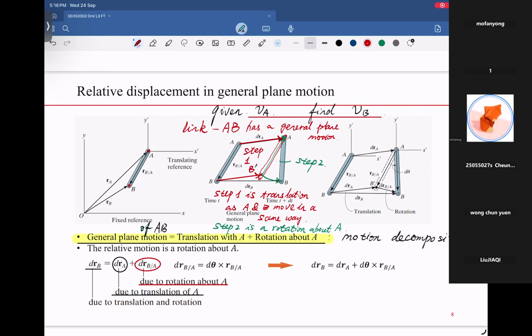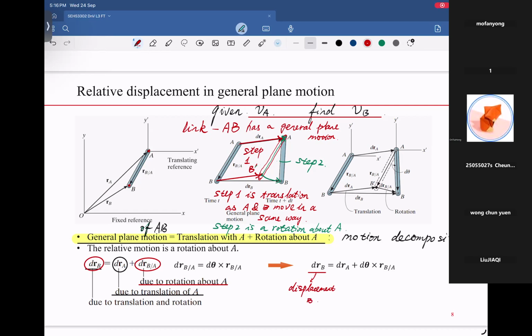Therefore, we put them together. We sum them up in vector, and we have the motion of particle B. Now let's look at the final one. dRB is the displacement of B, right?